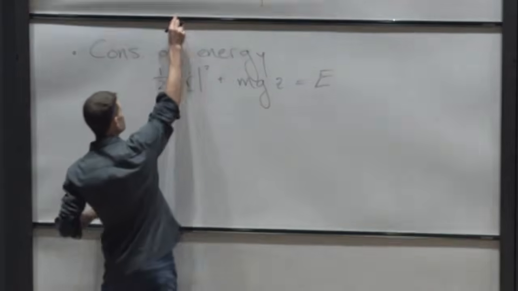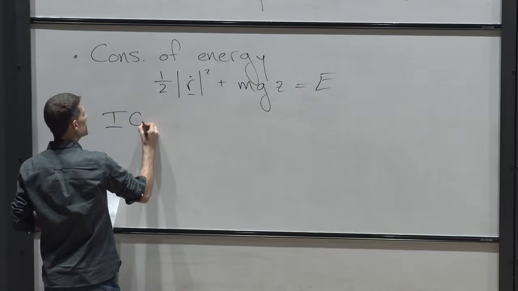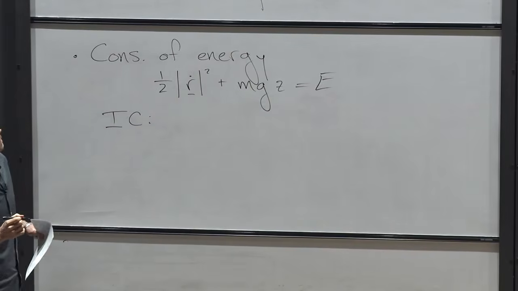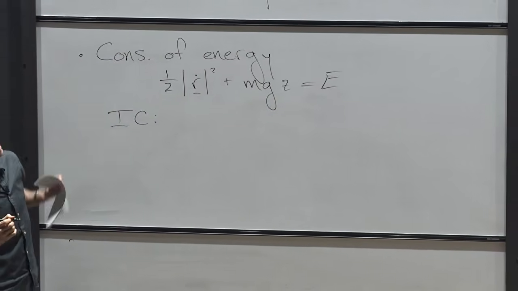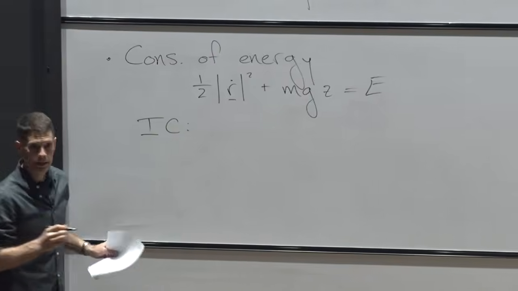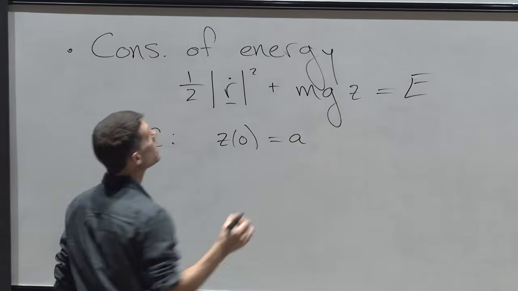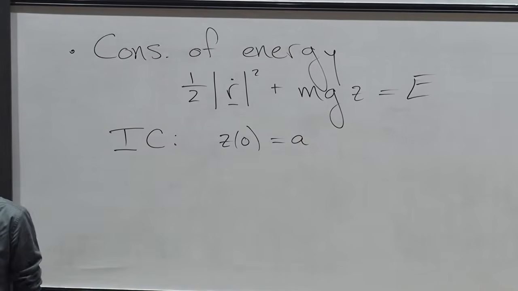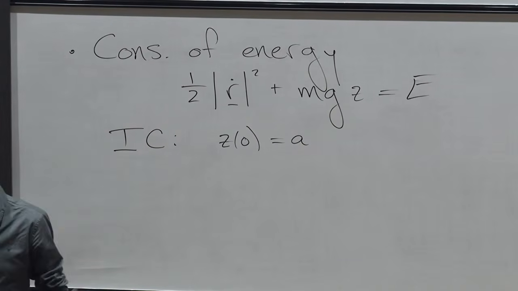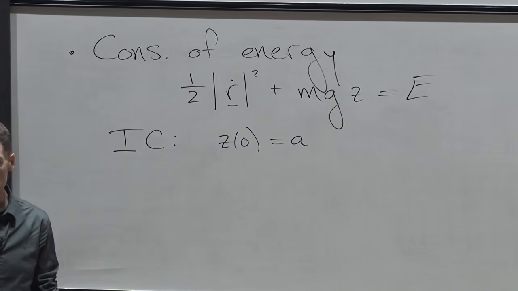So our initial conditions, we have to make sense of this. We're told that z equals a, so z of 0 is a. Projected horizontally with speed v, what does that mean? I need to turn that into an initial condition.